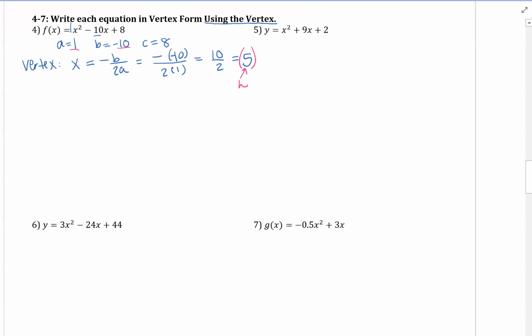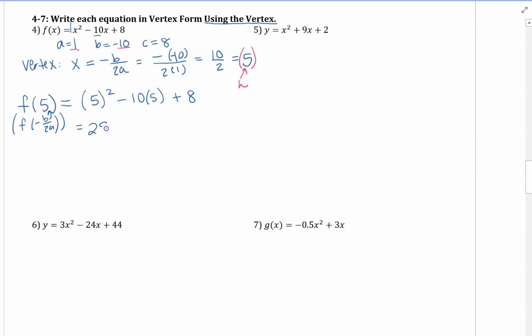Now what I do to find the y value is I take f of 5, right? So this is the f of negative b over 2a I was talking about a moment ago. I take that number that I found for negative b over 2a, which is 5, and I sub it into the equation for x to find y. So I'm going to do 5 squared minus 10 times 5 plus 8.